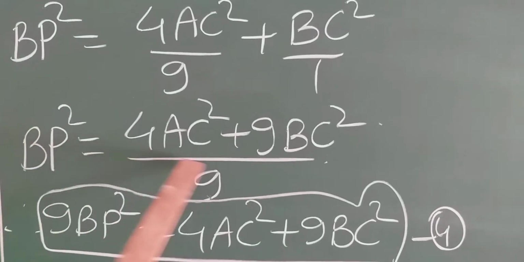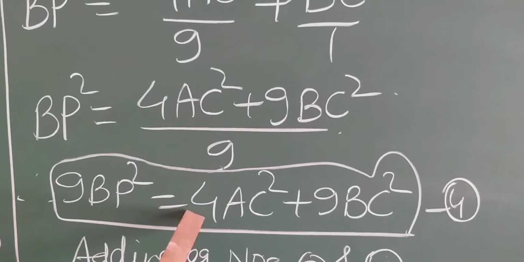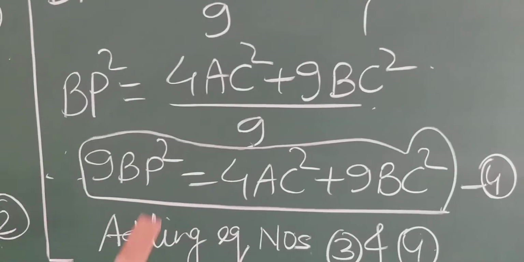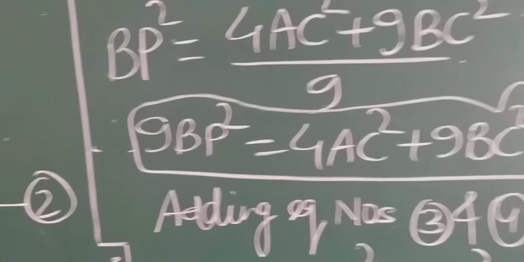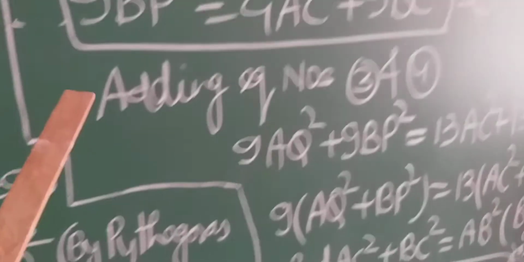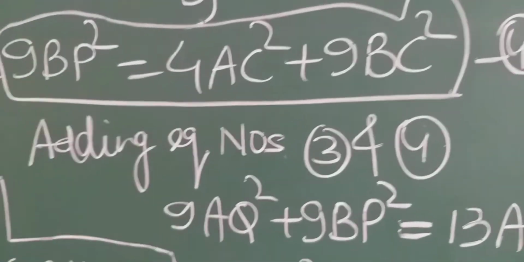Cross multiplying, 9 BP square equals 4 AC square plus 9 BC square. This is equation number 4.